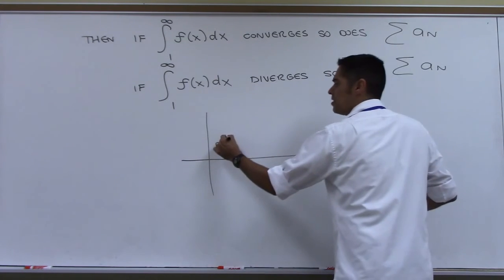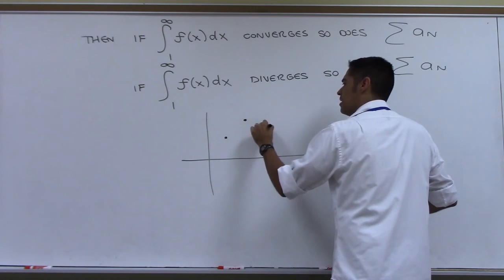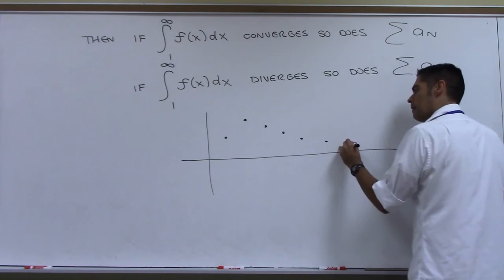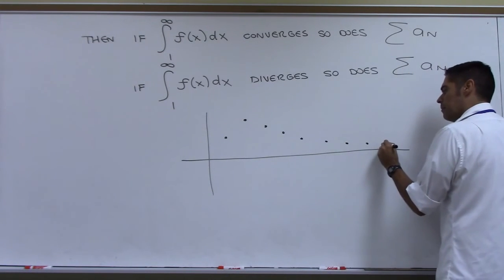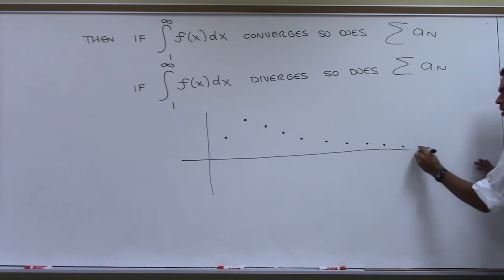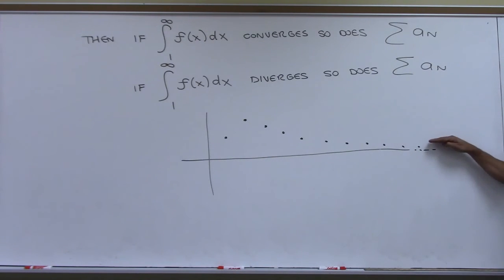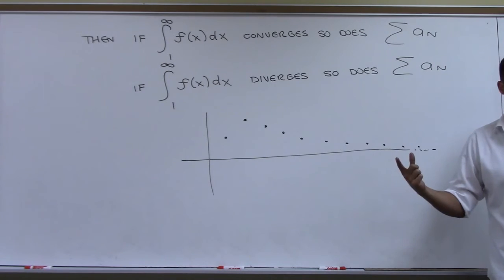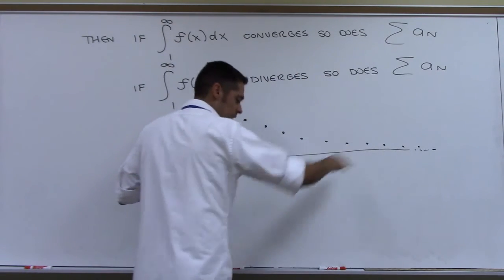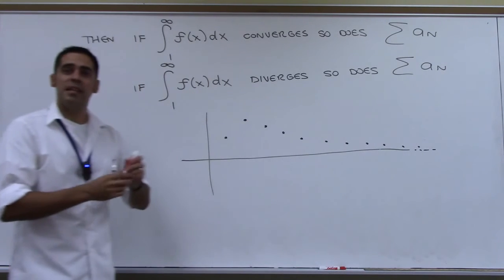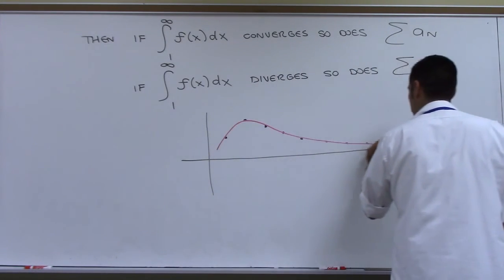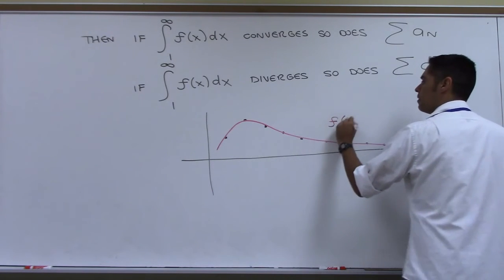So imagine I have a sequence that is eventually decreasing. Like this. And notice I'm staying above the x-axis. Why am I staying above the x-axis? Because I have to stay positive also, right? So I've got a sequence that's decreasing. If I, instead of looking at the sequence of dots, use a function instead, that's f of x.